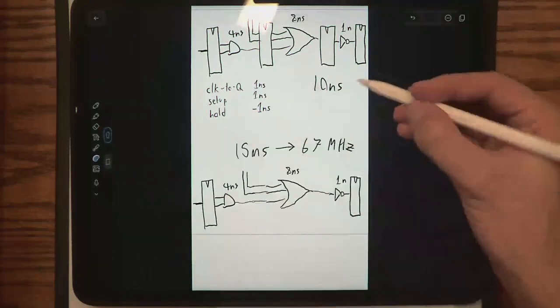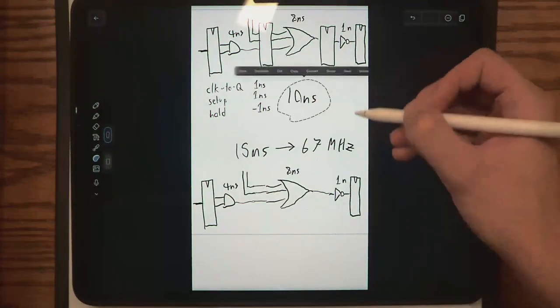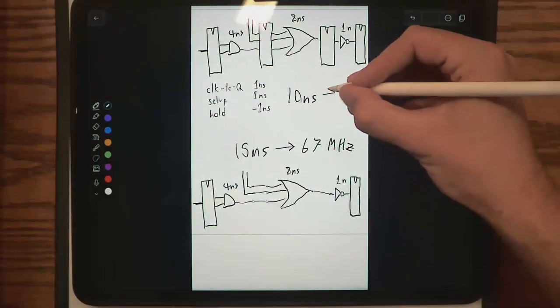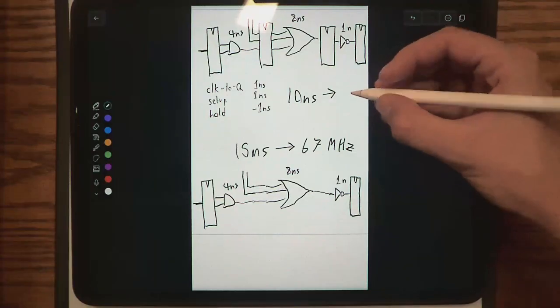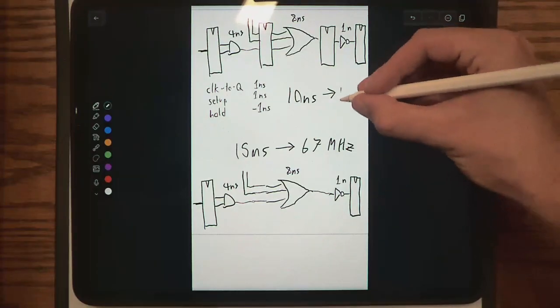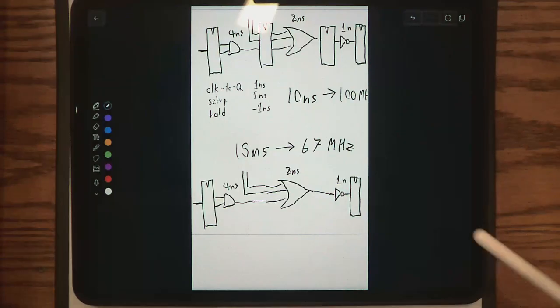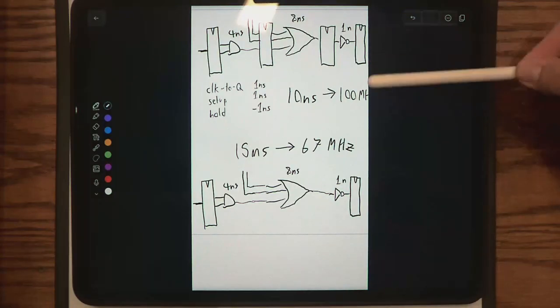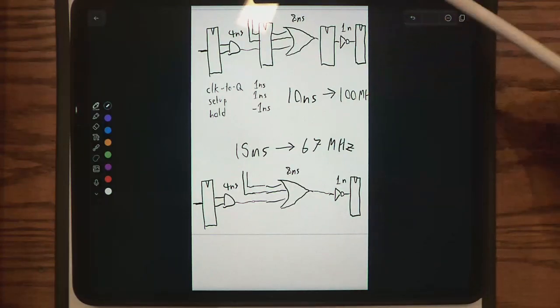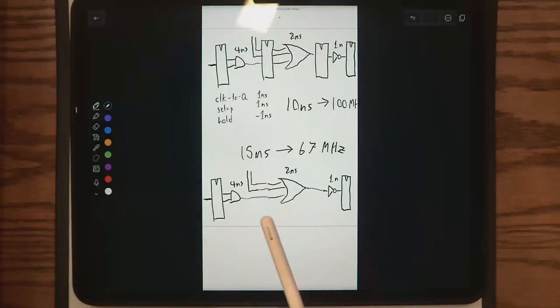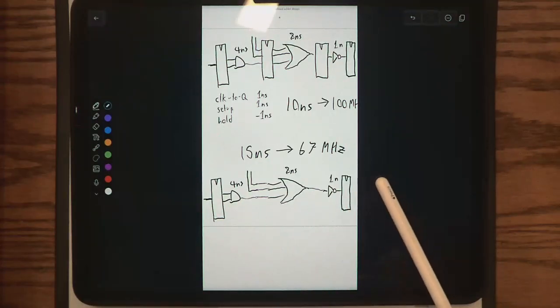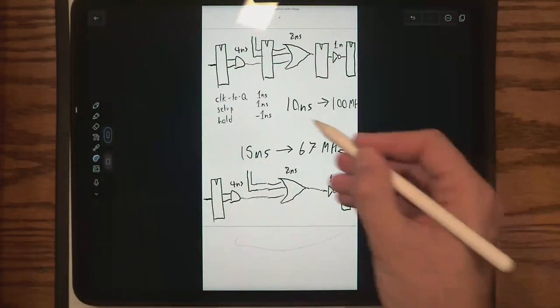Versus what would 10 nanoseconds be converted to clock frequency? 100 megahertz. Yeah. So therefore, we have a higher clock frequency here, even though this design ends up spitting out the result just a little bit faster overall.